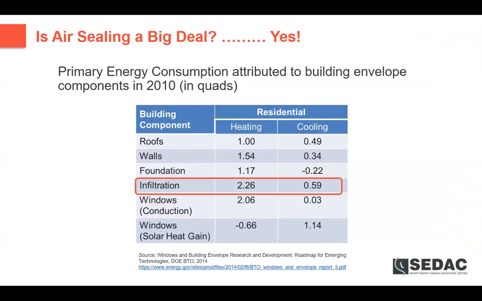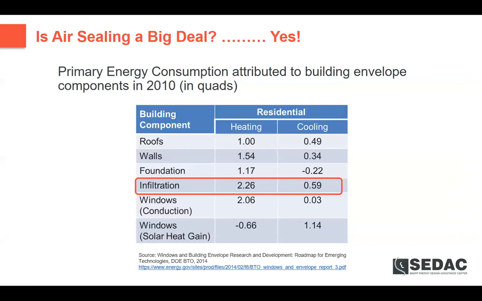Of all the numbers, the 2.26 is the largest component on the heating side, meaning that infiltration is a very big deal. We're losing a lot of energy by cold air leaking into our buildings, usually down towards the base, and as the warm air inside gets warmed, it rises up to the top of the building and finds its way out, where it exfiltrates.